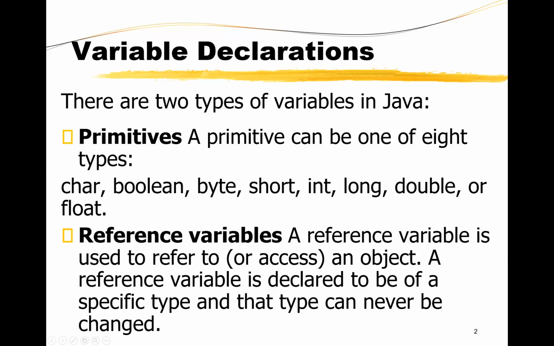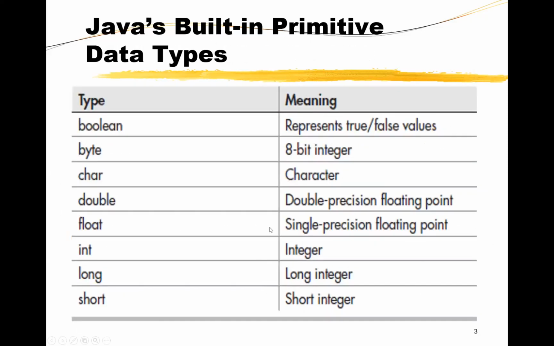And we have reference variables. String is a reference variable that is used to refer to an object. A reference variable is declared to be of a specific type, and that type can never be changed.